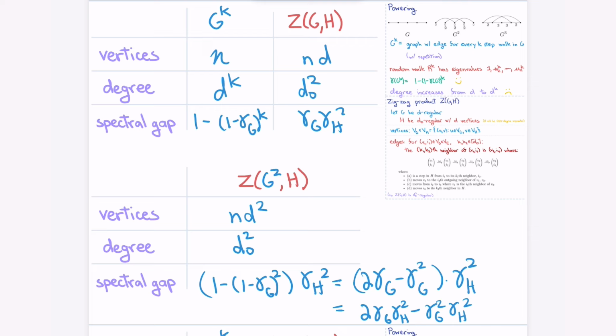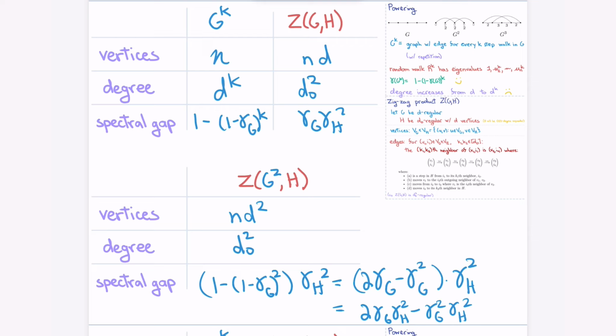Then you're going from gamma G to 2 gamma G minus gamma G squared. So you're basically doubling as long as gamma G is smaller than some constant, say 1 over 100. Once gamma G is 1 over 100, then we can just enumerate everything in 100 log n steps or something, and get an n to the 100 algorithm.